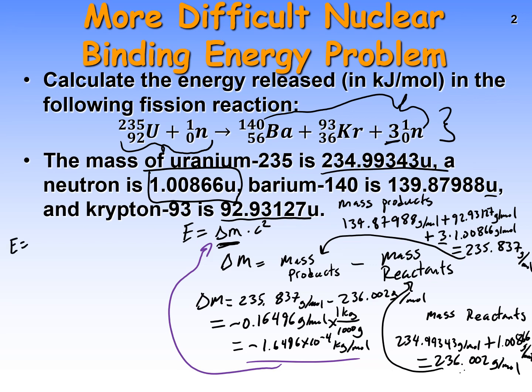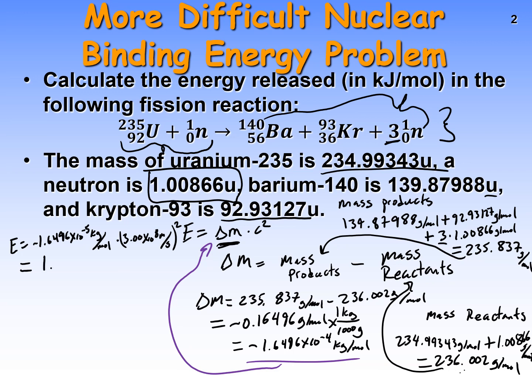E then is going to be equal to negative 1.6496 times 10 to the negative 4 kilograms per mole times 3.00 times 10 to the 8 meters per second, squared. And I can calculate this value.